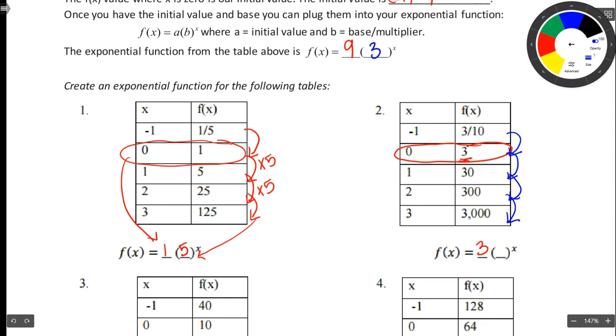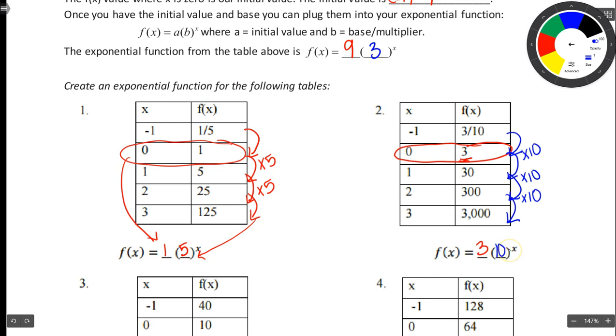It might not be so obvious for these points, but if you look at the next one, hopefully you see that each time you're multiplying by 10. Because you're multiplying by 10 each time, your base is 10. So it's going to be 3 times 10 raised to the x power.